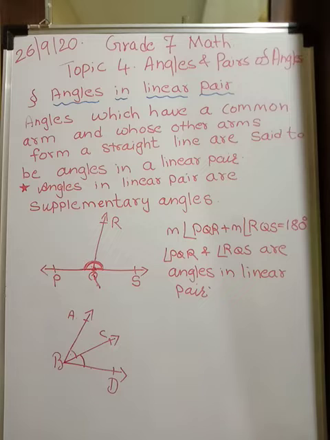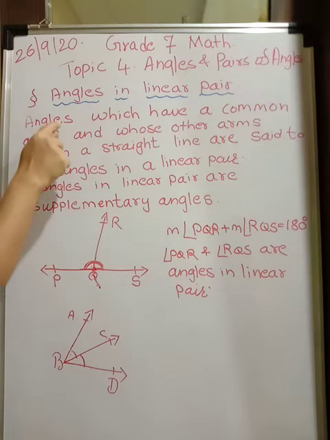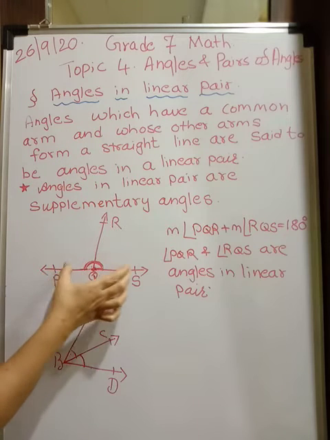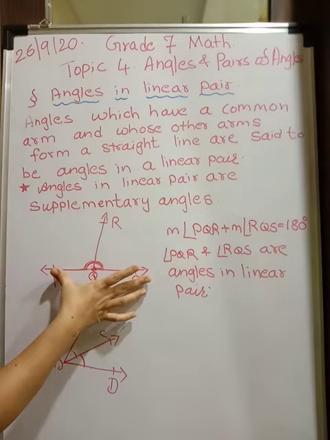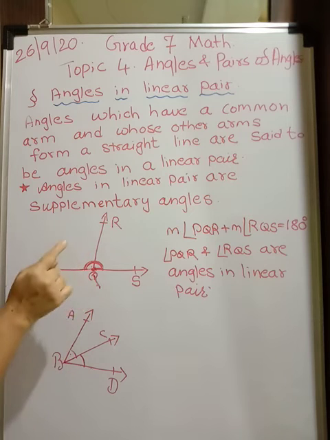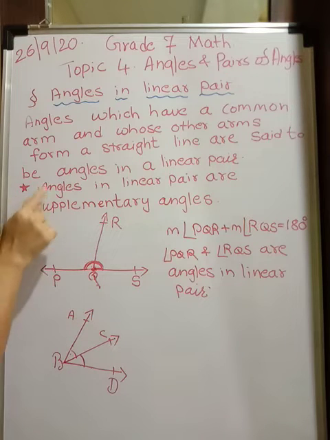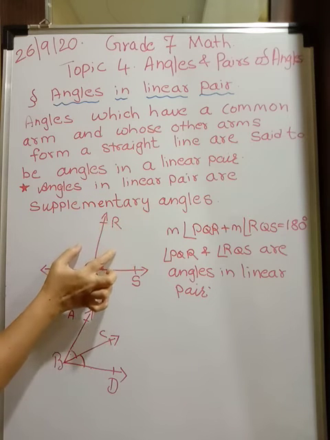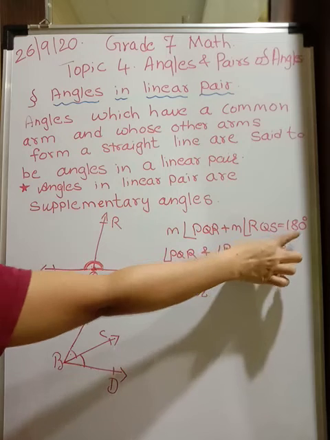Is this concept clear, students? What do you mean by angles in linear pair? I am revising again. Angles which have a common arm and whose other arms form a straight line are said to be angles in linear pair. And their property: angles in linear pair are supplementary angles, that means the sum of these two measures will be 180 degrees.